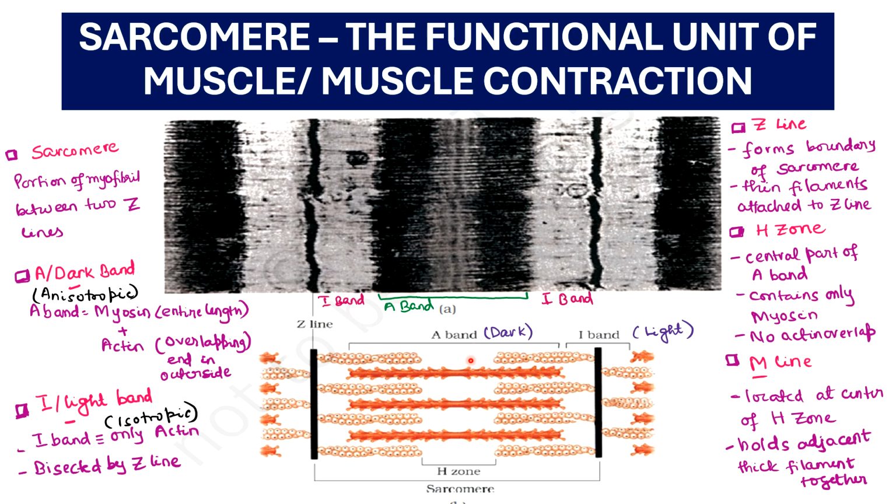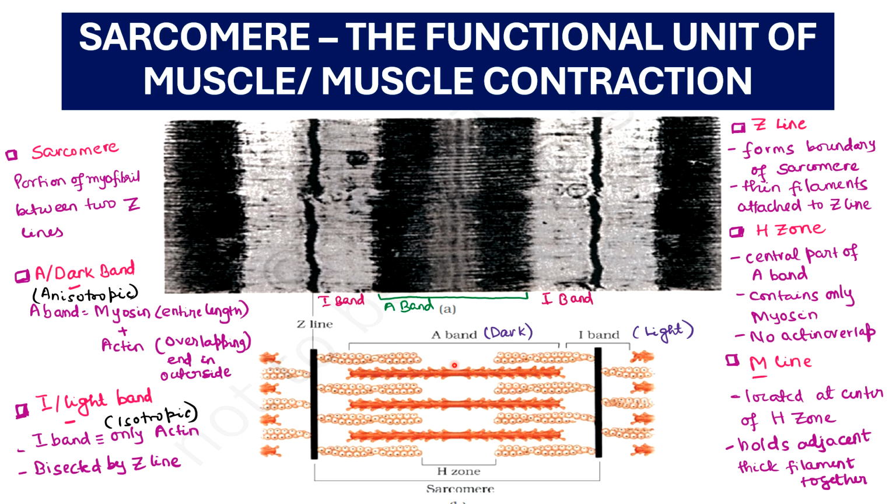The A band is made up of myosin plus actin filaments overlapping the myosin filament at both ends. Now, these actin filaments are attached to the Z line on both sides.